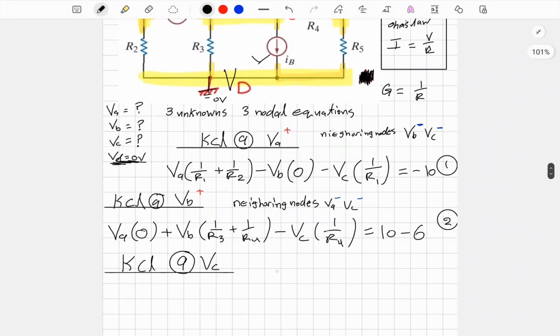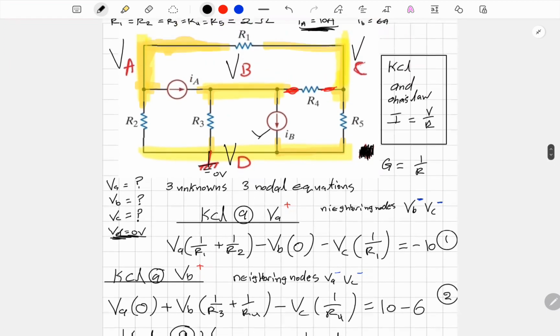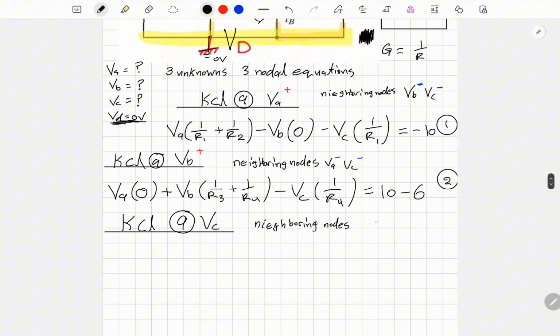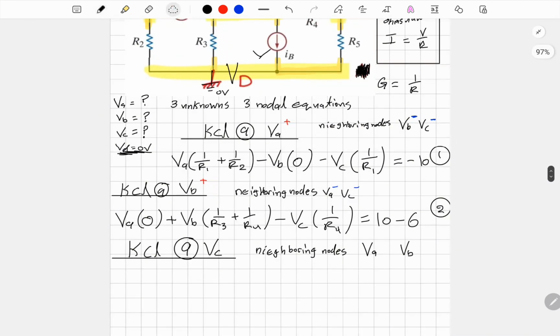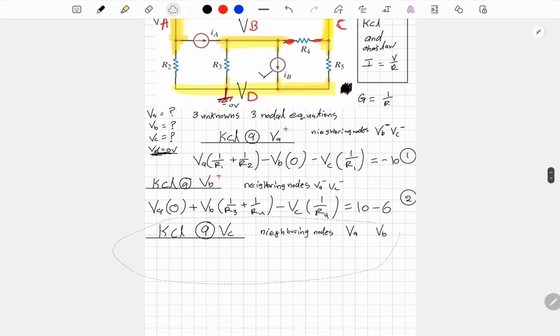So neighboring nodes are VA and VB. So I have VA and VB as my neighboring nodes, and I'm going to put a little space here because it's getting kind of tight to write all this.